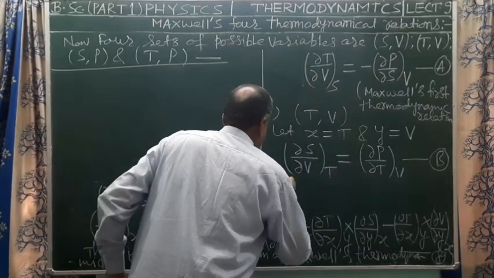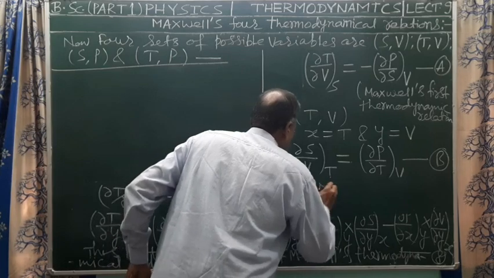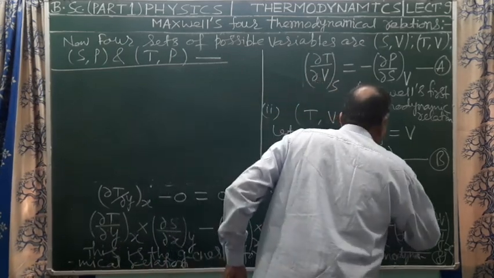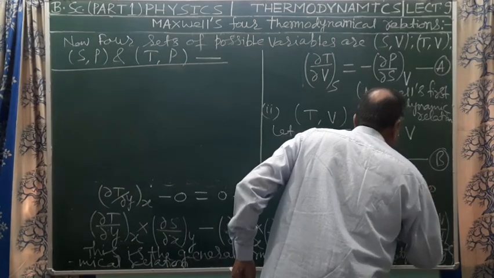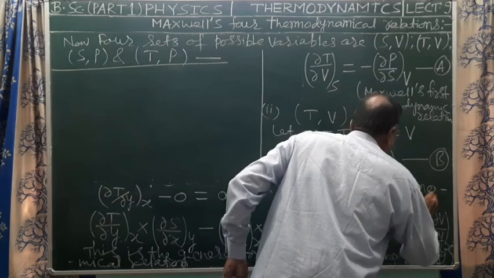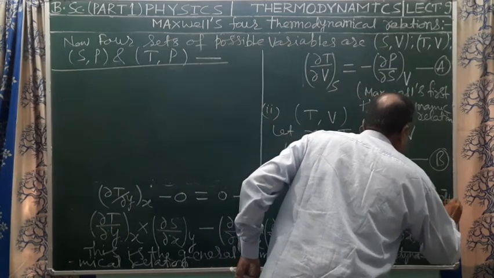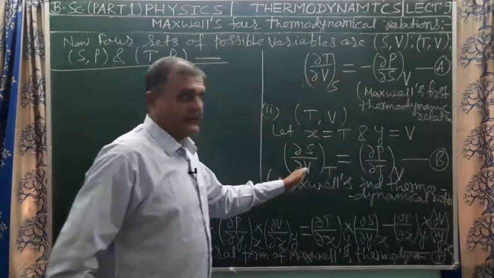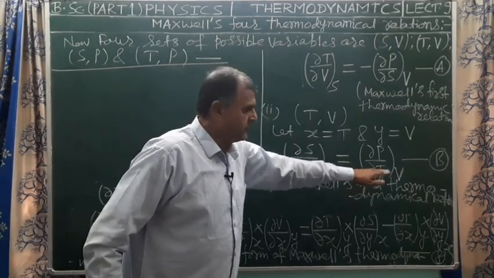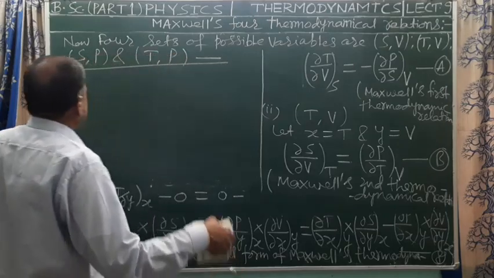Write it down: Maxwell's second thermodynamical relation, which is del S upon del V at constant temperature T equals del P upon del T at constant volume V.